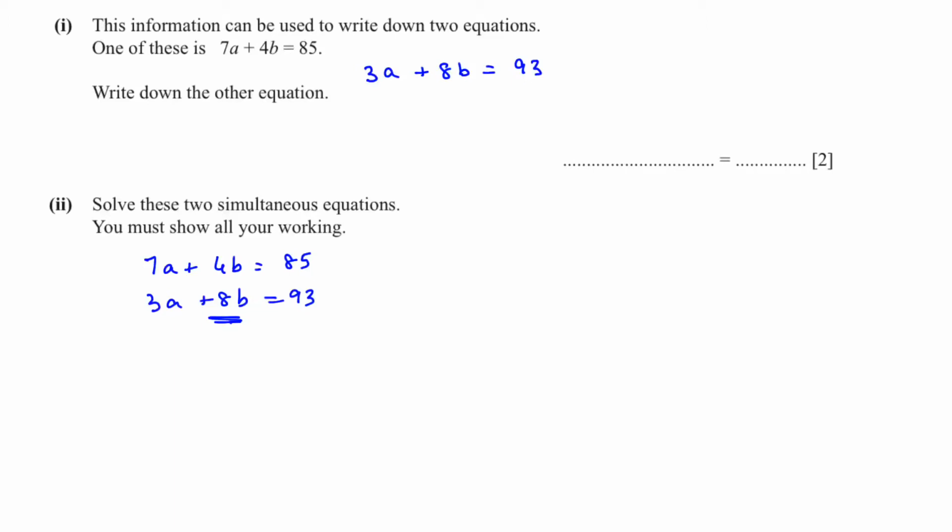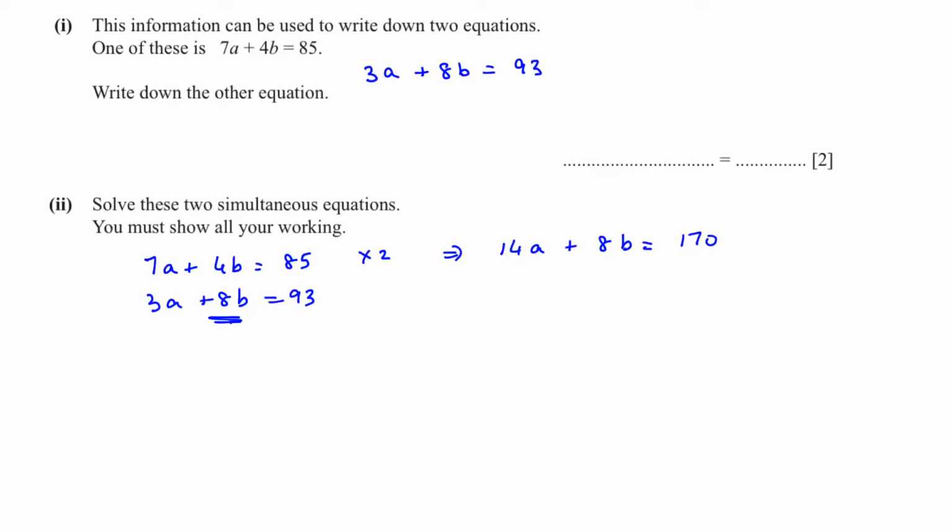If I choose to eliminate b, it means my coefficient should be the same. I have an 8 here. I should have an 8 here. How can I get that? If I multiply by 2. So I'm going to multiply this whole equation by 2, which will give me 14a plus 8b is equal to 170.